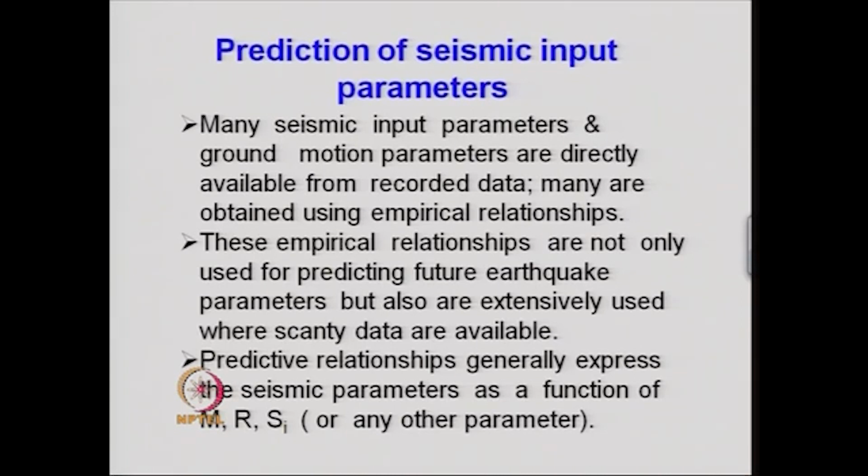The predictive relationships are generally expressed in the form of a function of magnitude, the epicentral distance, and any other important parameter. For example, it could be peak ground acceleration, it could be intensity, or it could be any other quantity of interest.